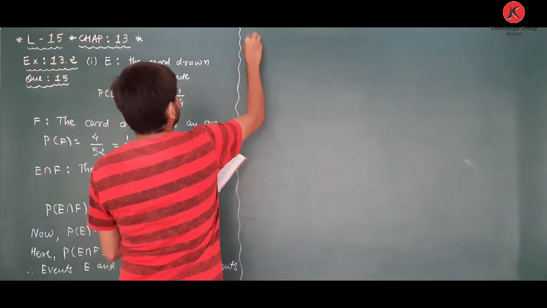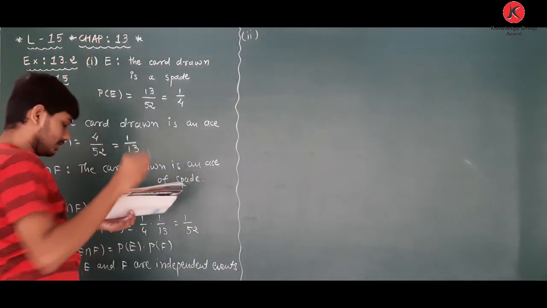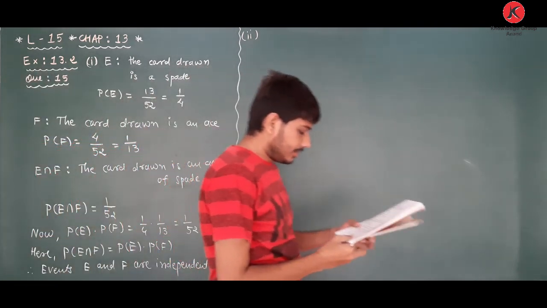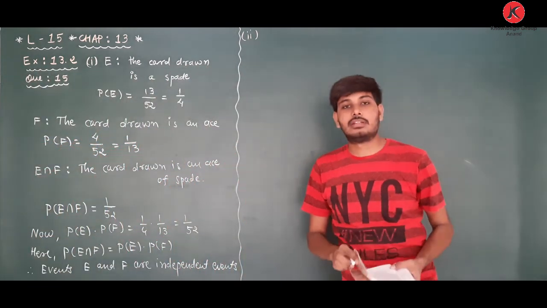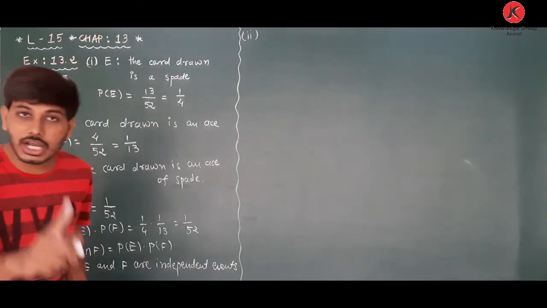In the same way, let us check the second case. Event E and F are given. The event E is: the card drawn is black. Here black stands for the color.